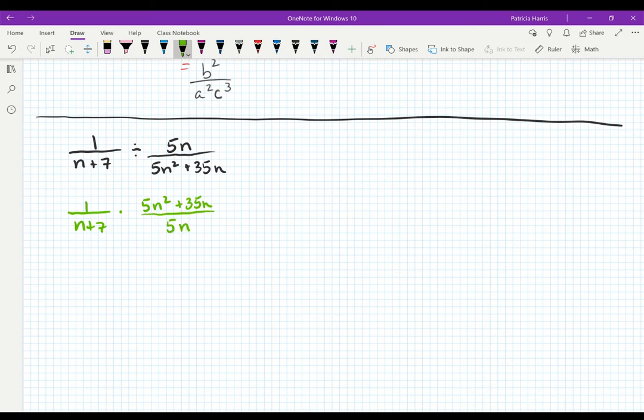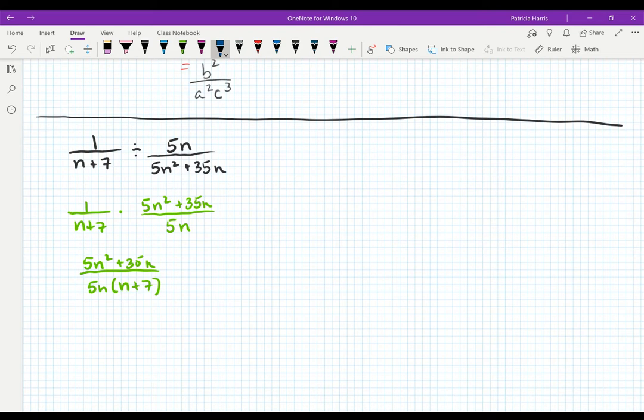Okay, so the trick is to kind of choose your work. So usually what I do is I just kind of glue everything by multiplication like this. So 1 times 5n squared plus 35n really doesn't change much. But notice here what I'm doing is I'm not multiplying this out. Okay, I'm not going to distribute that 5n to that n plus 7 because that's actually going to create more work for me as I move along.